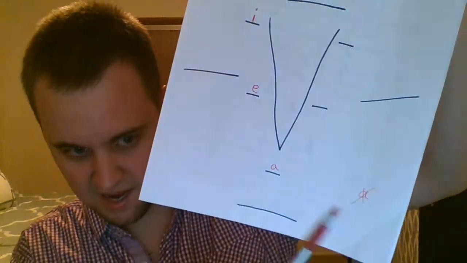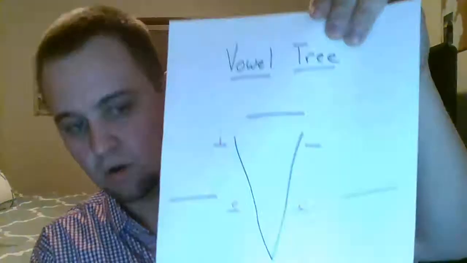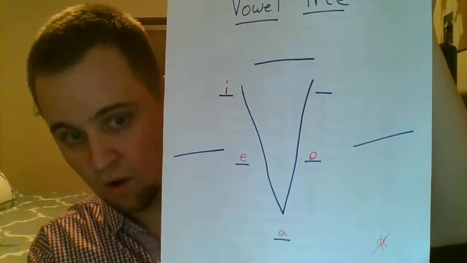That's not what we're talking about. We're talking about this one right here, not this one. So E, A, O, and this one's a little more obvious. O is literally O.